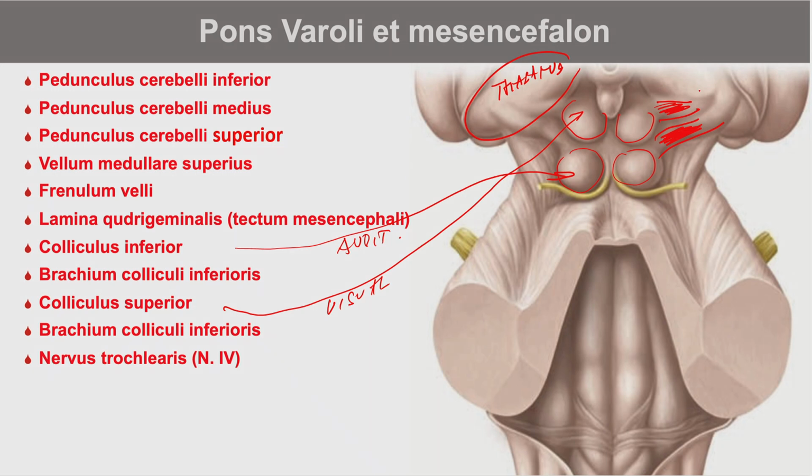They are communicating with the geniculate bodies, medial and lateral, and this is also visual and this is also auditory, but they are a part of the diencephalon.